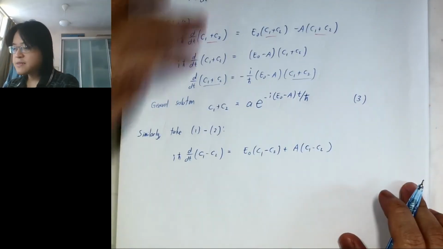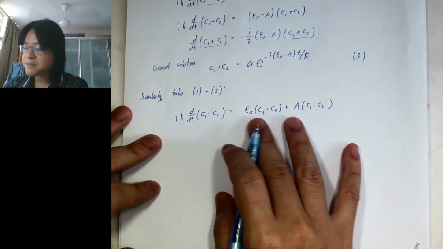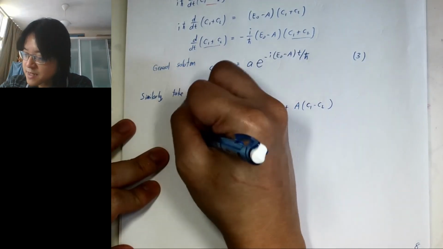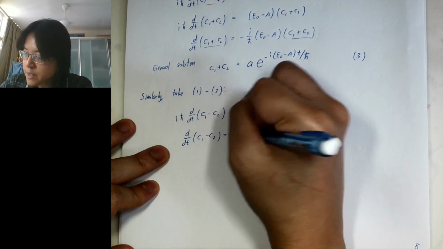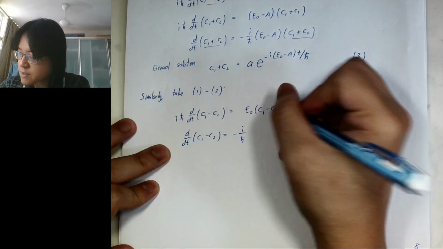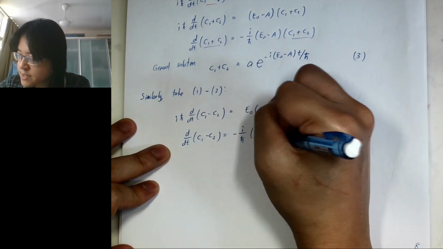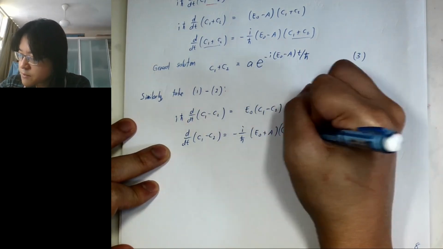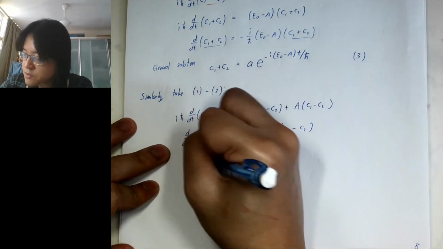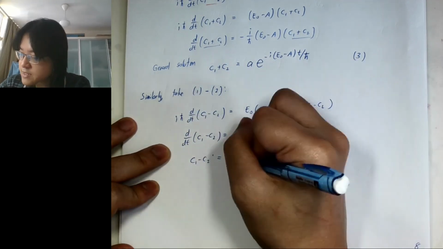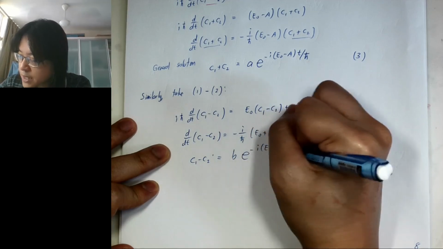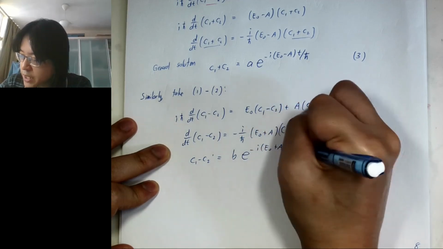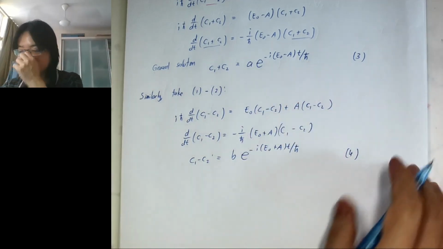I'm skipping a few steps, so that's why you suddenly see this. But anyway, the general idea is the same. I factorize C1 and C2, so I got i over ħ, E0 plus A, C1 minus C2. So the general solution for this case is another constant, times the exponential of minus i (E0 plus A) t over ħ. So I got another solution, right?